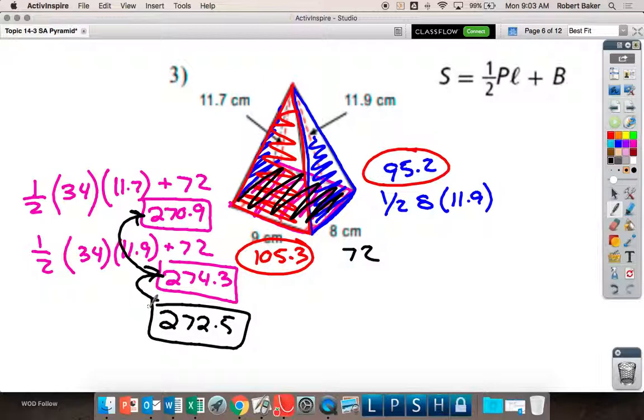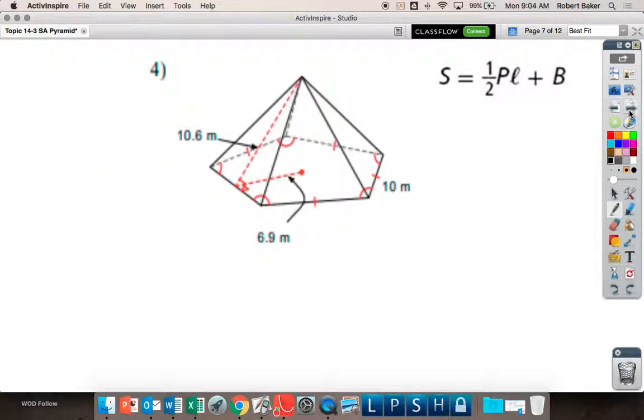Why did it not work there? Why did our surface area not work? Because we have two different slanted heights. It's not a regular pyramid, it's a rectangular pyramid, so the shape of the face is different. That's one of those hard examples. Hopefully there's not any more of these.